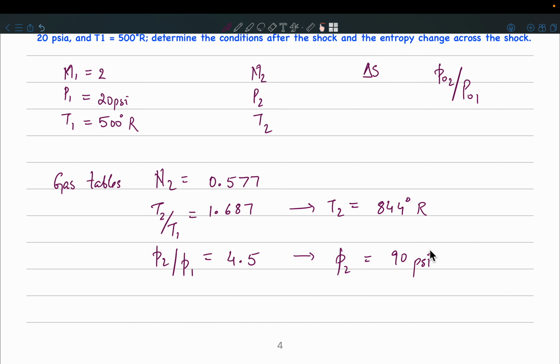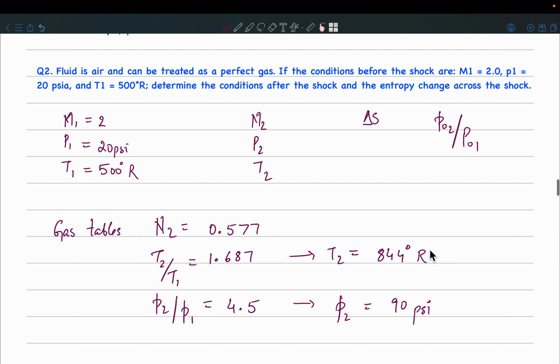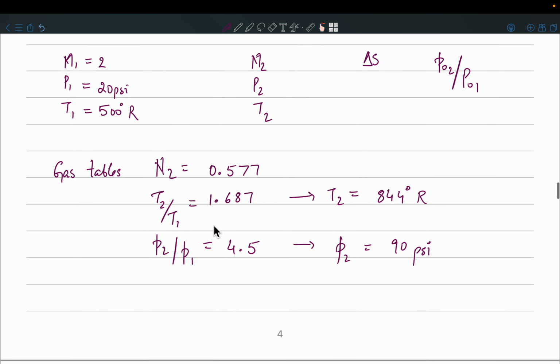So now how do we find entropy? You must also have the stagnation pressure ratio, right? Yes, so again from gas tables you can get this 0.72. Okay, so then what is delta S? Calculate and tell me. You know R for air, right?